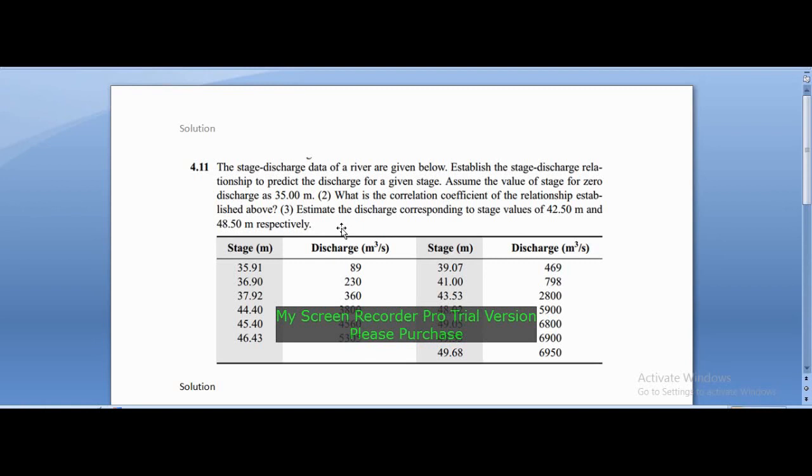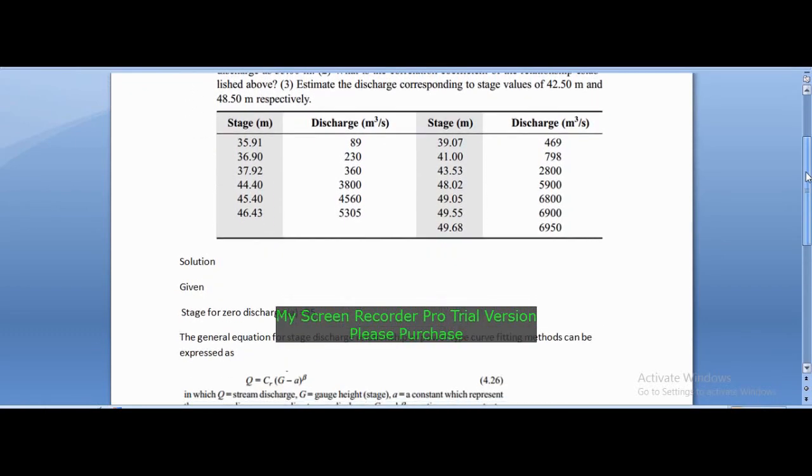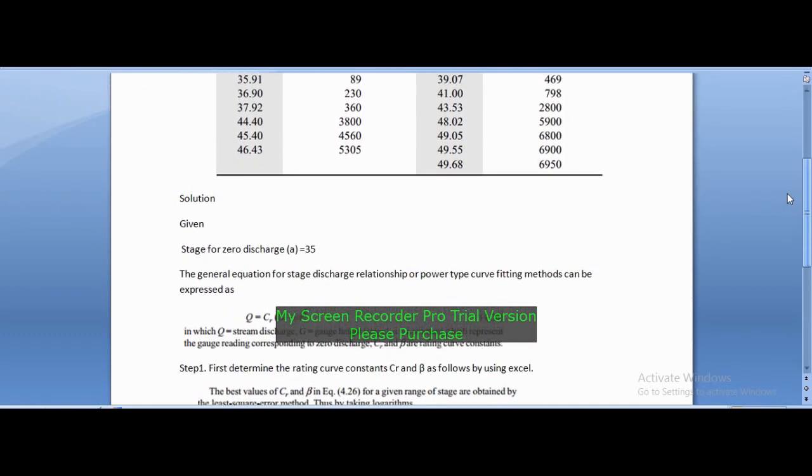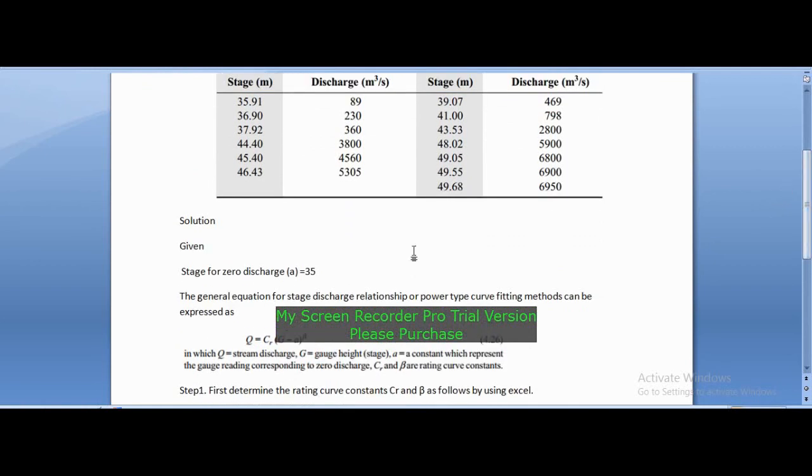In the third question, we extend the rating curve after it is established by using some known zero discharge stage. So in order to determine the stage-discharge relation, we should follow these steps and use the following formula.